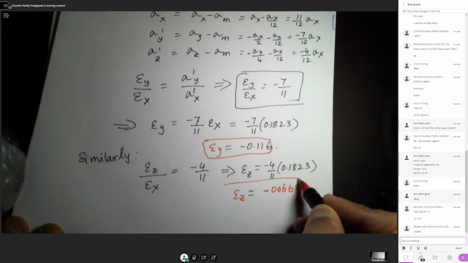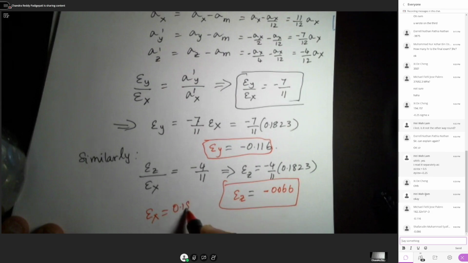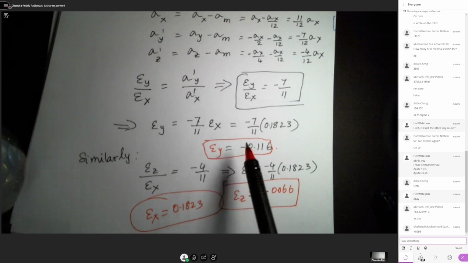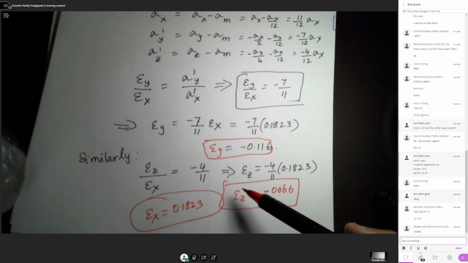Okay, we already know epsilon x is 0.1823. So for part A, the answers are the calculated strain components. So these are the three strain components.